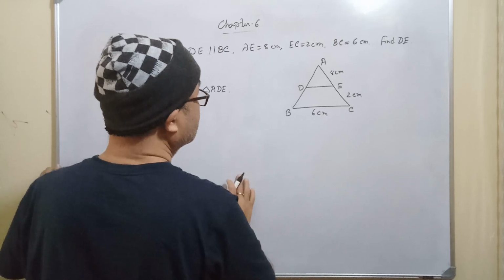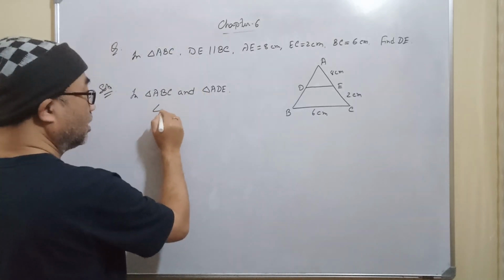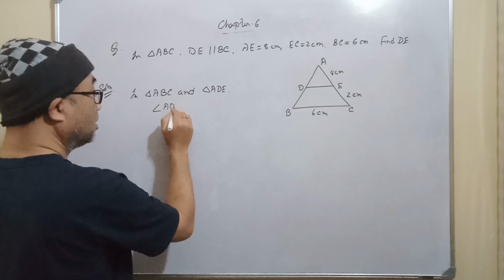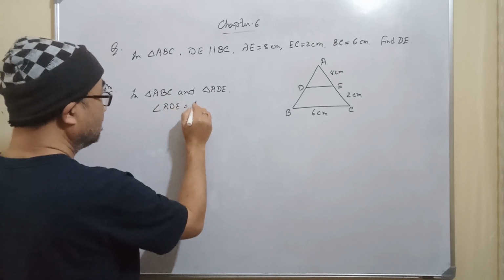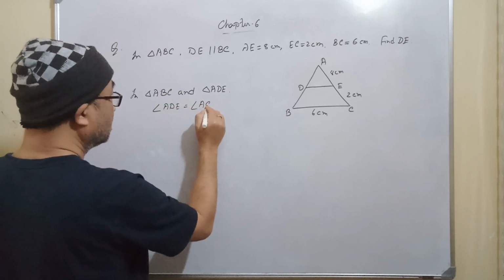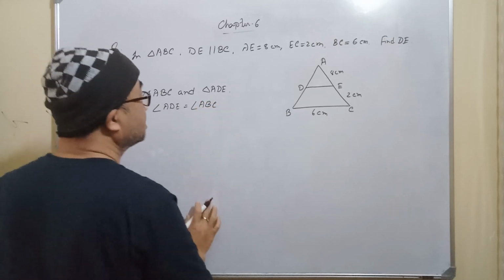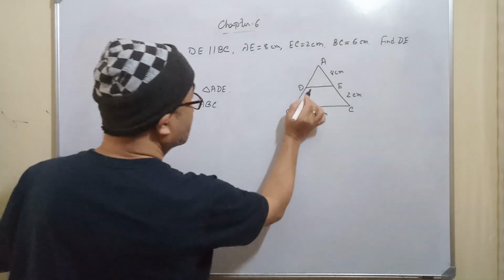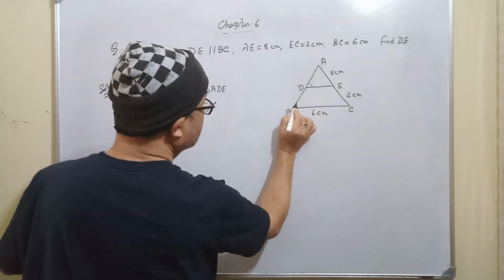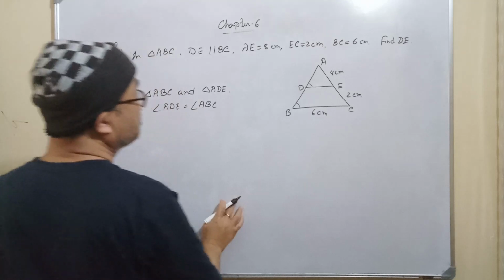In these two triangles, angle ADE is equal to angle ABC. This angle is equal to this angle.